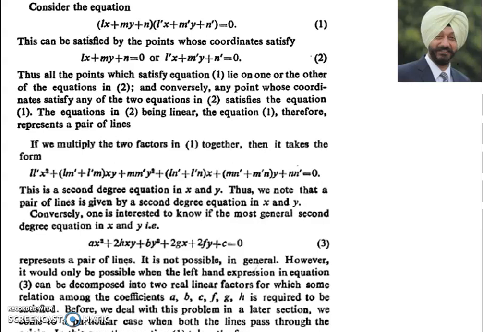However, it would only be possible when the left hand expression in equation 3 can be decomposed into two real linear factors, for which some relation among the coefficients a, b, c, f, g, h is required to be satisfied. So our main aim is to decompose this second degree equation into linear factors, and we get a pair of straight lines.